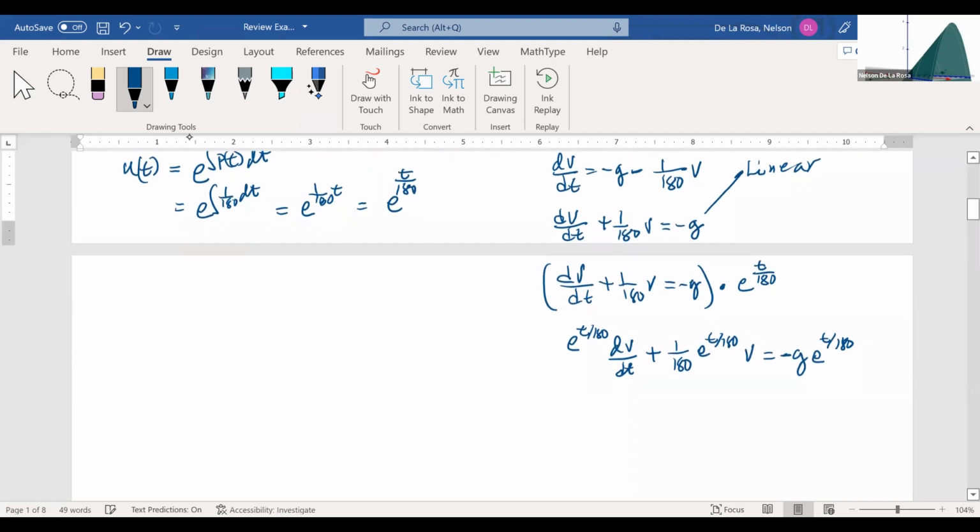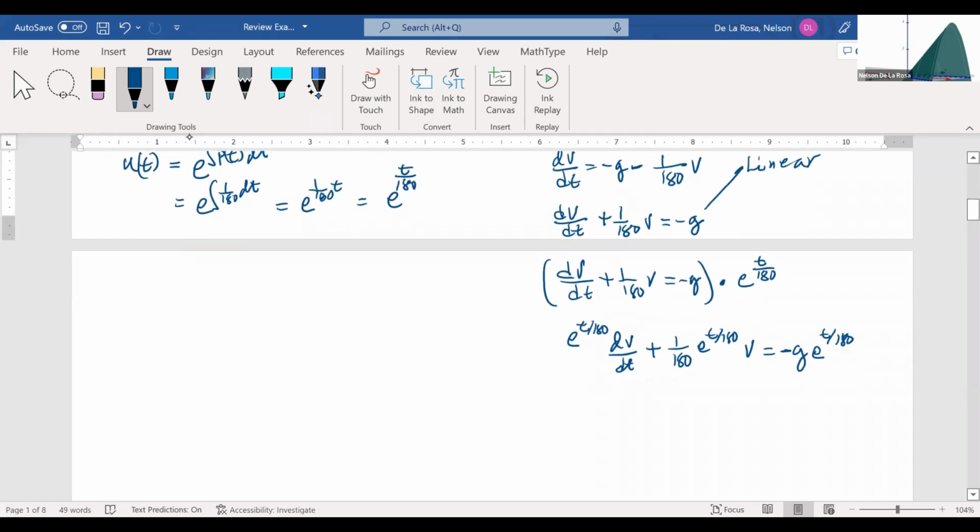So recall, in this differential equation, the left side of the equation is going to be simply the application of the product rule of the integrating factor, which is e to t over 180, times the dependent variable, which is in this case v.